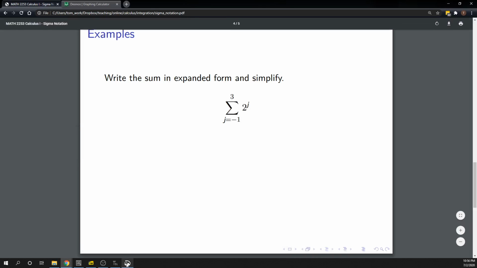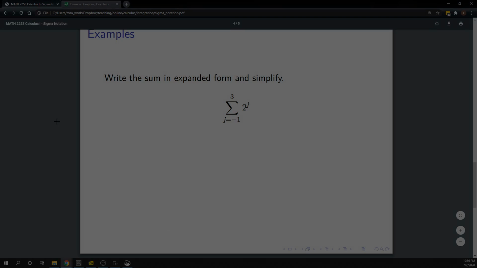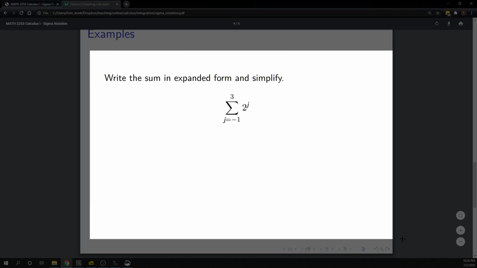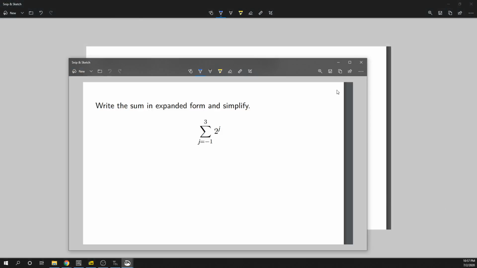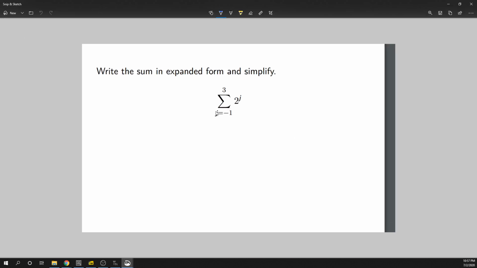All right, in the next example, I have the sum as j goes from -1 to 3 of 2 to the j. All right, so first they want me to write it in the expanded form. So it's obviously in sigma notation, right? So I'm going to be plugging these values into the index variable j. So the first one would be 2 to the -1.